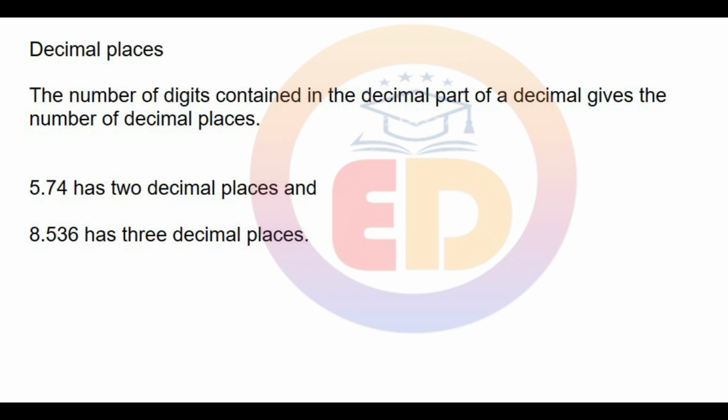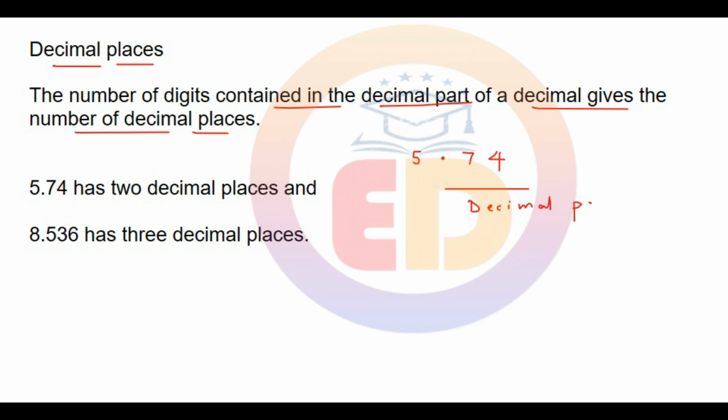After decimal numbers, let us understand another important part, which is decimal places. The number of digits contained in the decimal part of the decimal gives the number of decimal places. Let us understand this through an example. The example is 5.74. Here, the decimal part is 0.74.